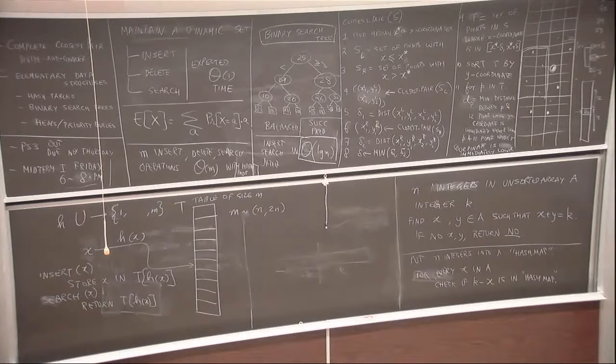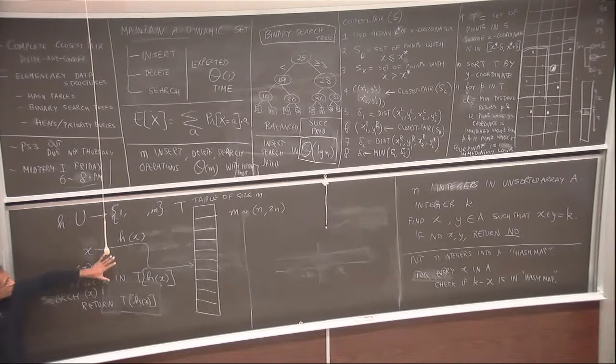So I'm keeping this a little bit loose at the moment, but we will solidify this. Delete x is also similar. If you find it there, then remove it. So notice that, at least the way I've written it, the only interesting thing going on is the calculation of h of x, and then just look up, right?